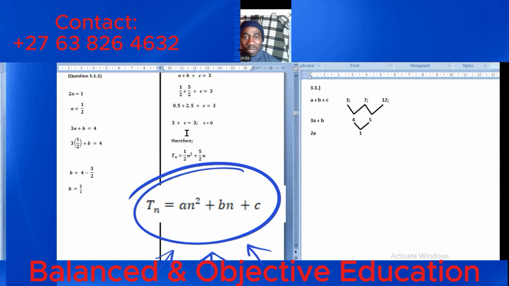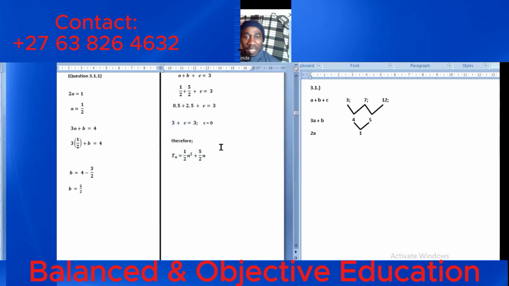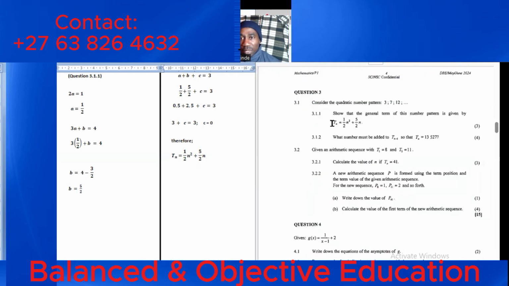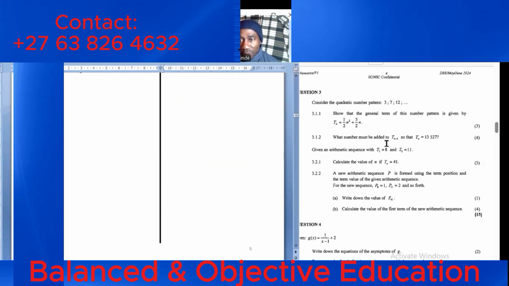So if we substitute the values of a, b, and c into that Tn expression, we have Tn equal to half n squared plus 5 over 2n, which is what we were told to prove in this question 3.1.1.